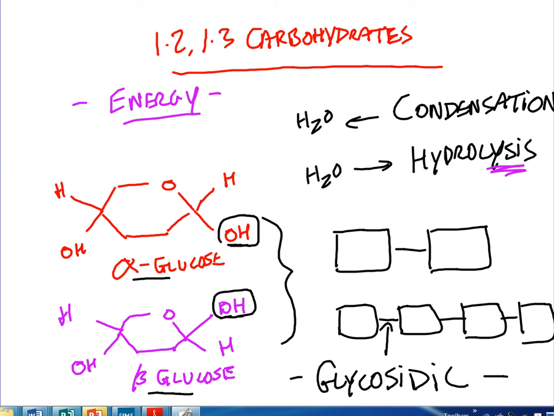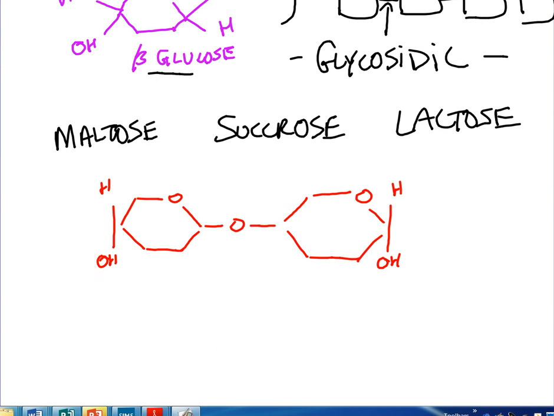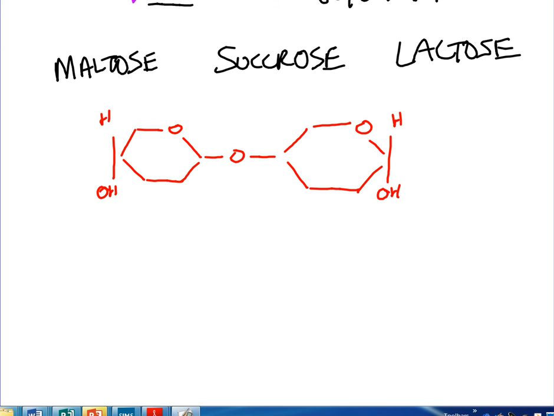The bonds that are forming there, as we mentioned at the start, are condensation reactions, reactions where water is given out and that forms this molecule. So let's have a look at an example of a condensation reaction which forms one of these glycosidic bonds.